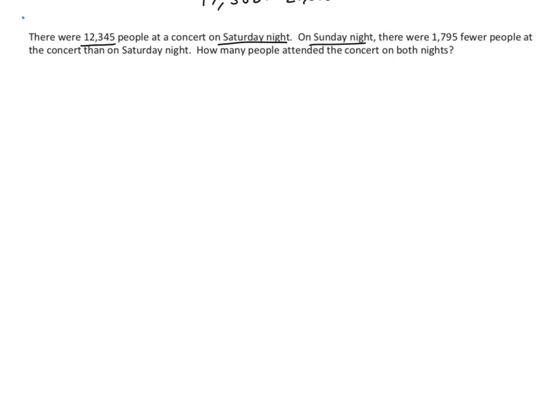And then on Sunday night, there was this many fewer people. So this number fewer is really, really important. It's really important to recognize that word right there, because if we don't, our whole problem-solving process is going to be off. And now the question we're answering is how many people attended the concert both nights.